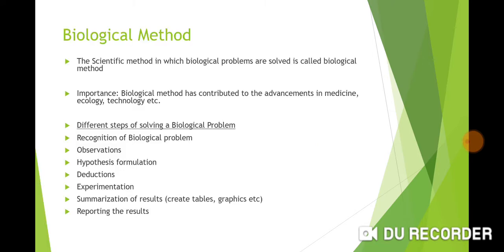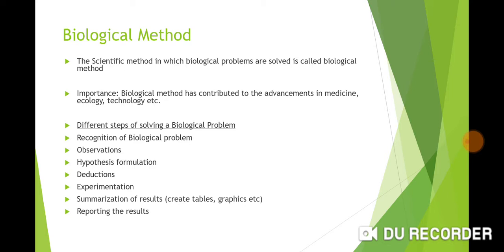Biological method. It is a scientific method in the field of biology which is used to solve any biological problem which we are facing today. So, it is basically a problem solving technique.